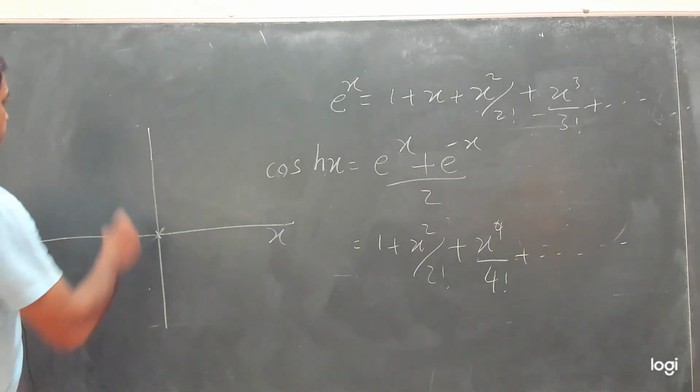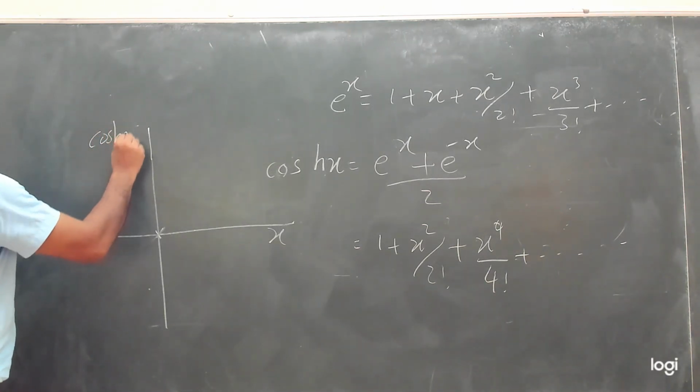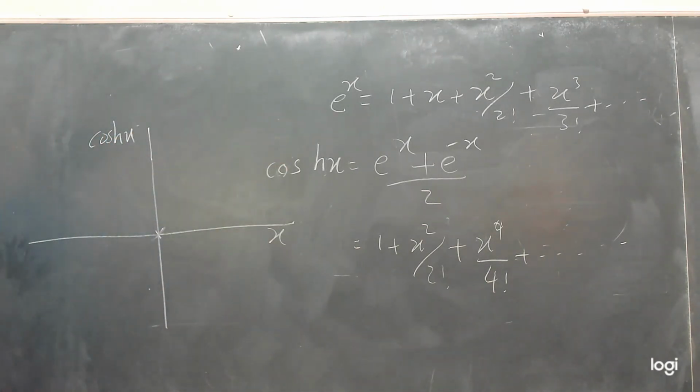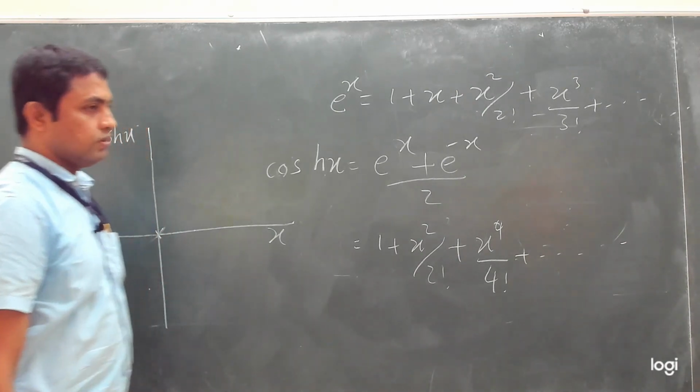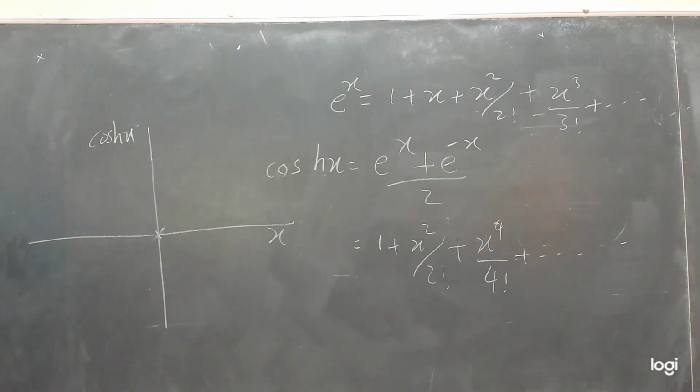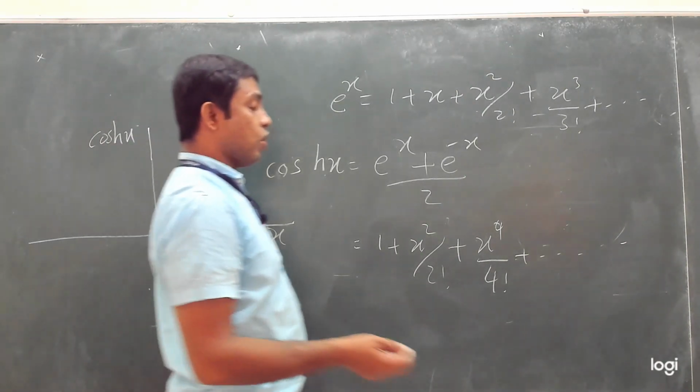Infinity. Then at x is equal to 0 it is 1, and what is the slope at x is equal to 0?